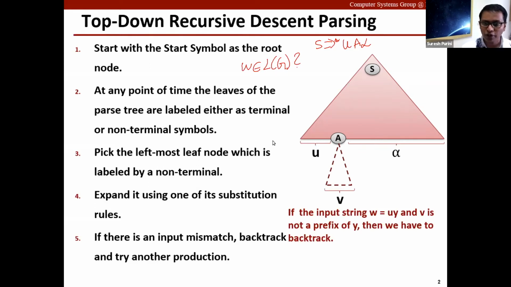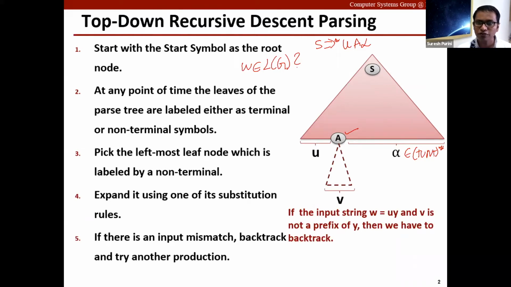So for example, here, if the intermediate form is UA alpha, U is a string over terminal symbols, A is a non-terminal symbol, and alpha is a string over terminal and non-terminal symbols.